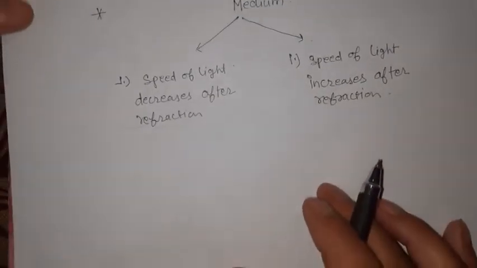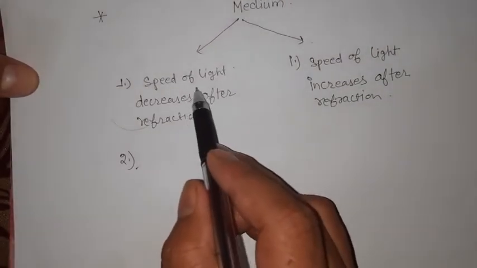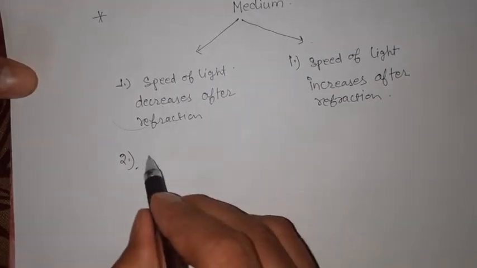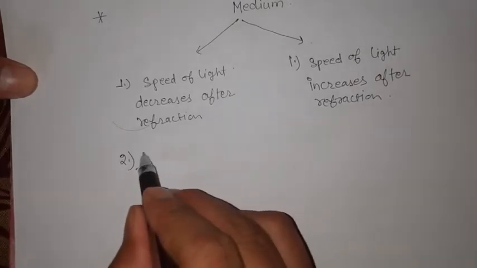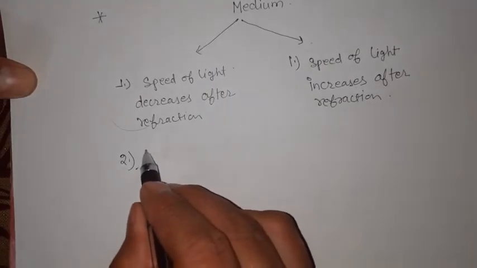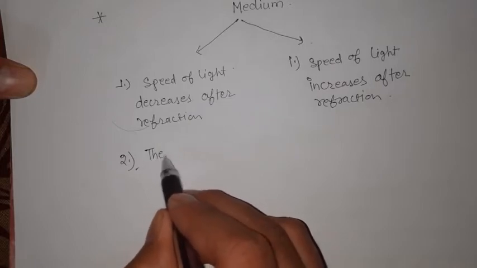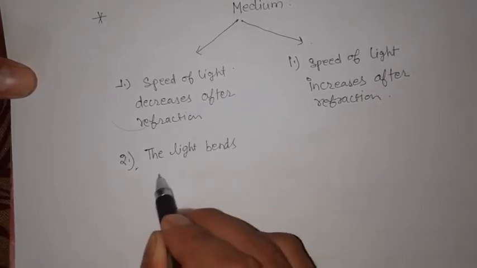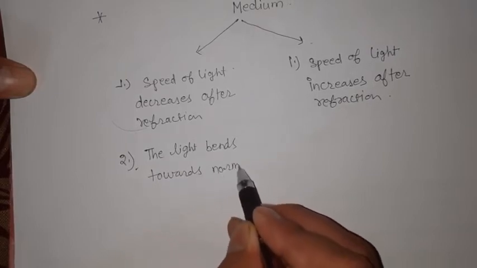Now let us look at it with the help of this diagram, student. If the speed of light decreases, the light will bend toward the normal. So I'm going to call the medium in which the speed of light decreases, the light bends towards the normal.